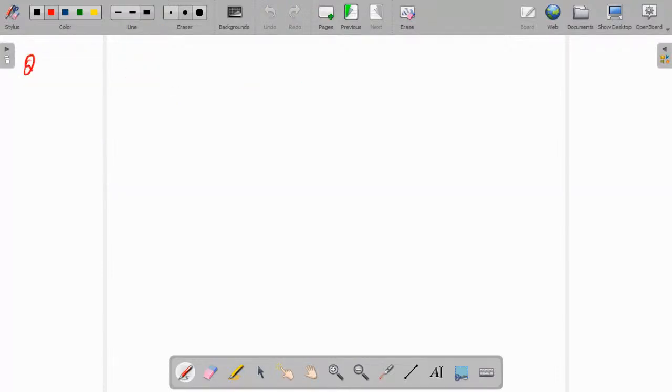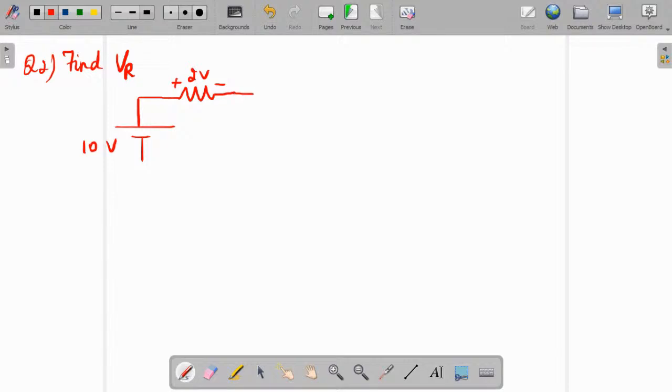Next question number 2, find the voltage across the resistor R. A 10 volt source, plus minus 2 volt, plus minus 5 volt.